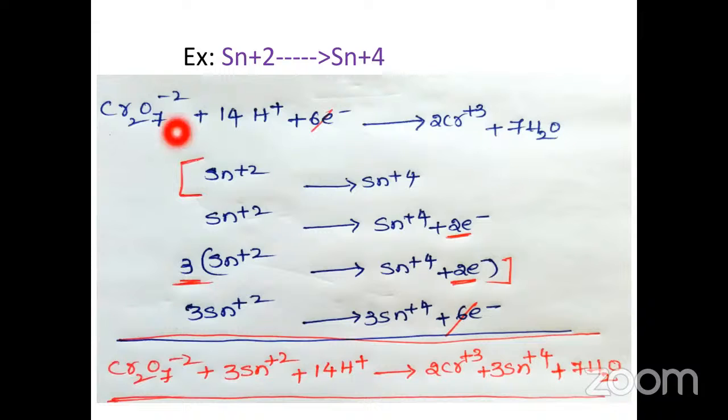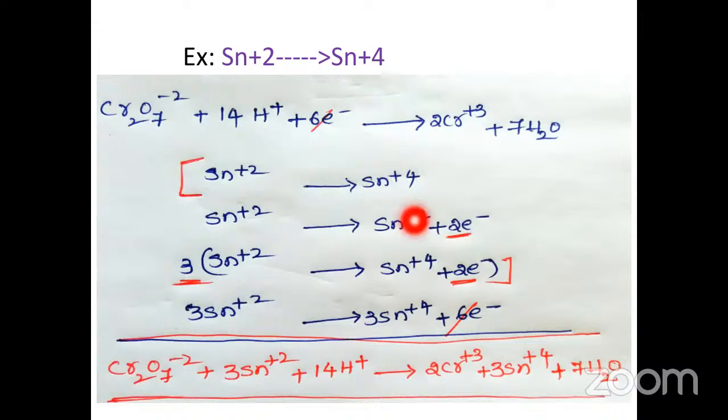Then how is Sn2+ oxidized to Sn4+? Before adding half reaction to half reaction, first balance Sn2+ to Sn4+. This side has +2 charge and this side has +4 charge. To balance the charges, add 2 electrons on this side.